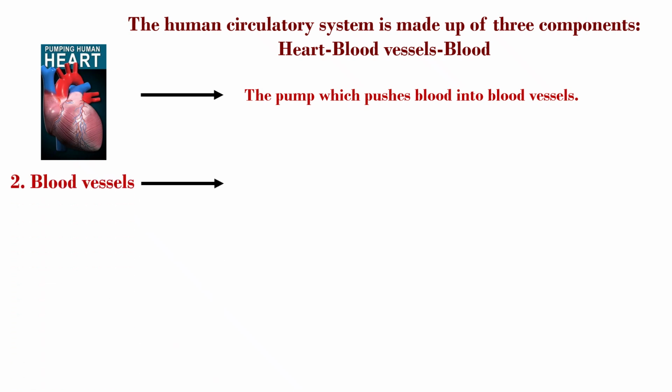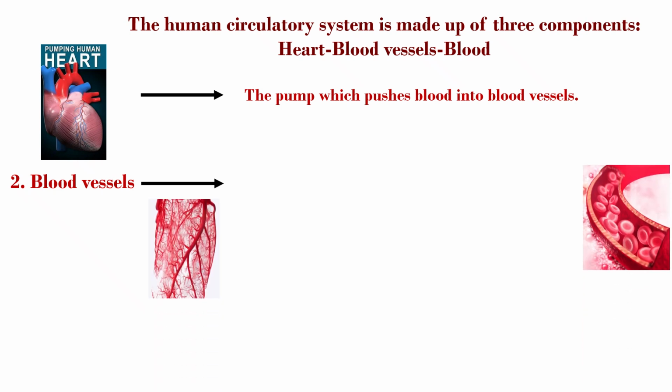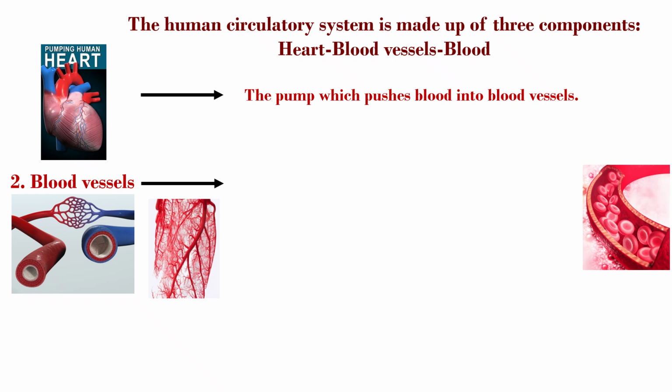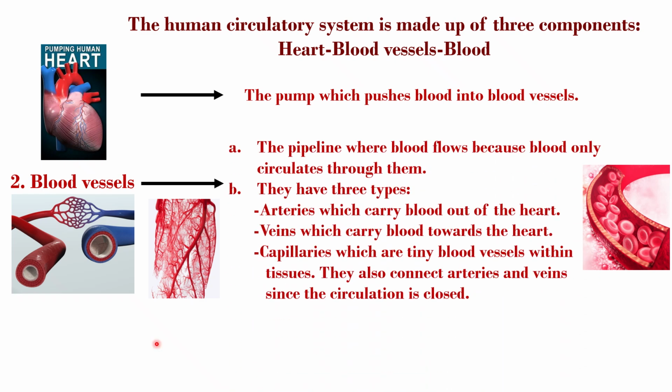Now the blood vessels, what are they? Blood vessels, you can see some of them at the surface of your skin. They are the pipeline where the blood flows, because blood only circulates in blood vessels.